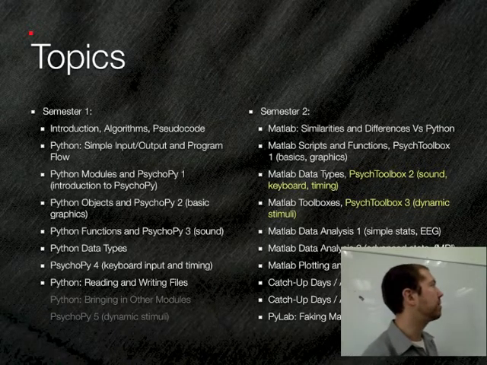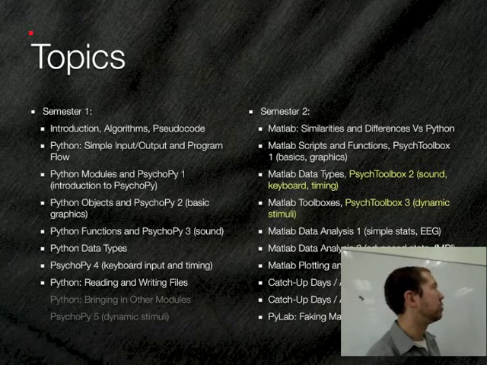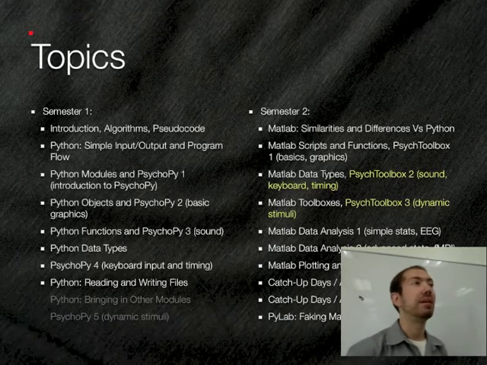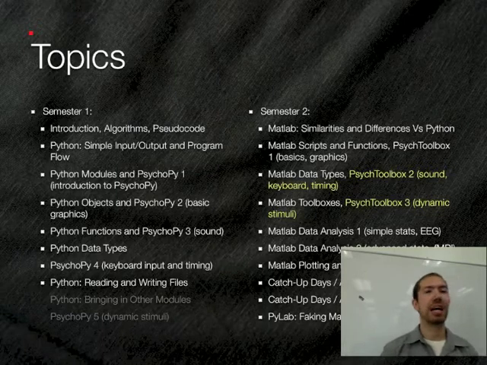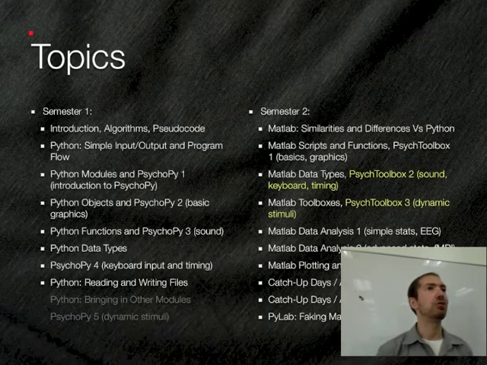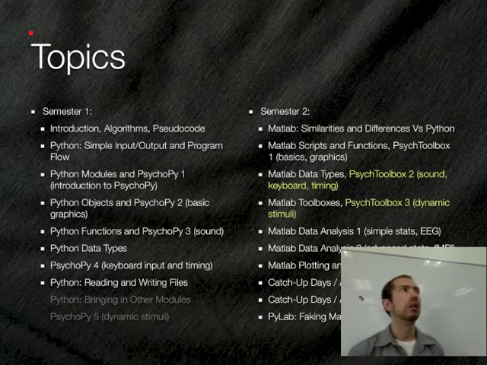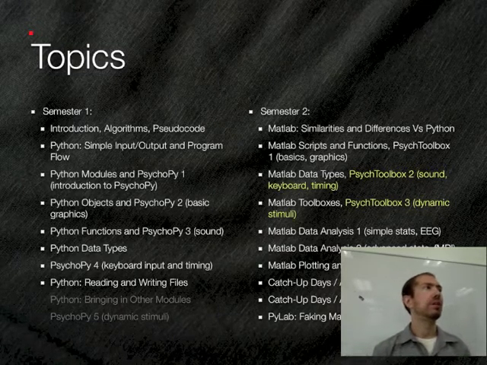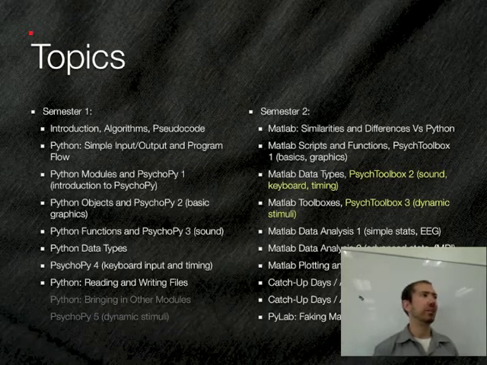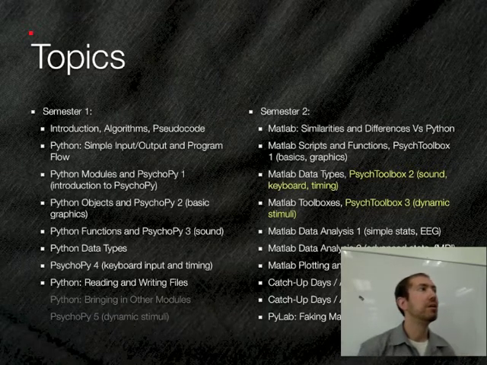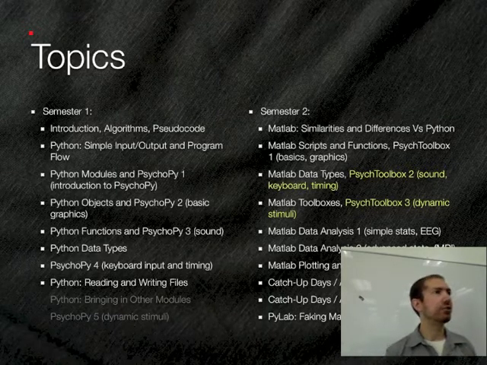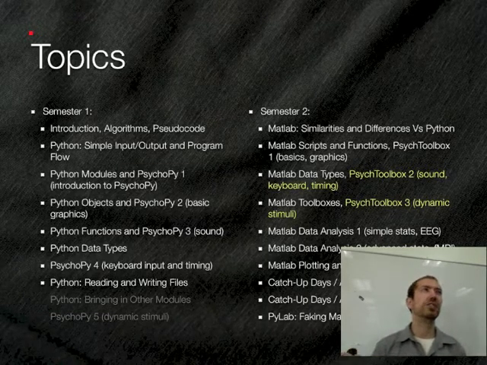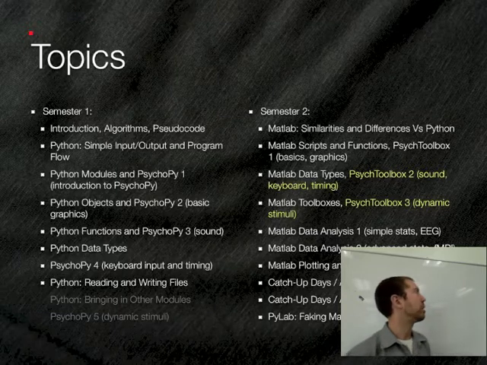And then, to some extent, we'll get into the next topic, which is dynamic stimuli, by which I mean creating stimuli or modifying stimuli as you go, which is something you can't do with a piece of software like ePrime. You can't change an image file that you're going to show in ePrime, but you can do that with Matlab. And you can do it with PsychoPy too, but it's a little bit easier, I think, to do it with Matlab. So that's why we're talking about that.